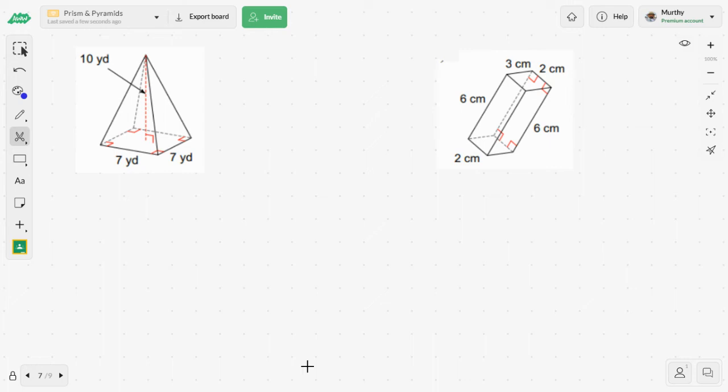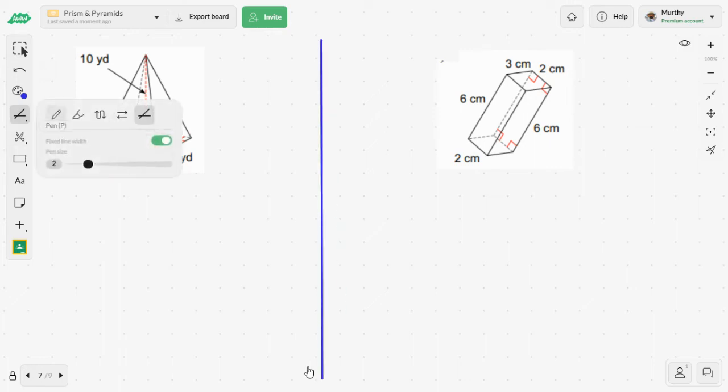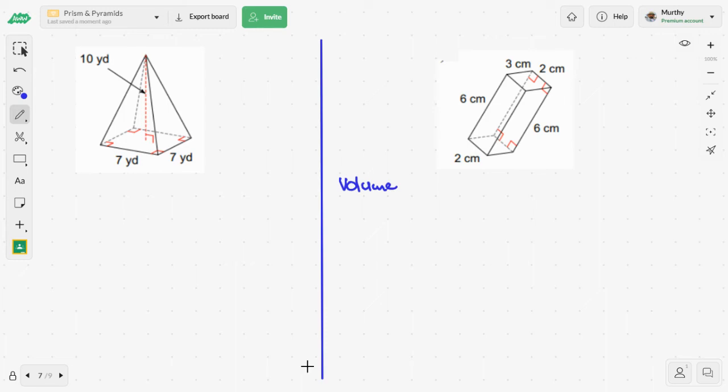Well, back to back quickly, a few questions. Let me take the prism first. You know, volume. I know that here the base shape and the top, these two have the same shape, right?